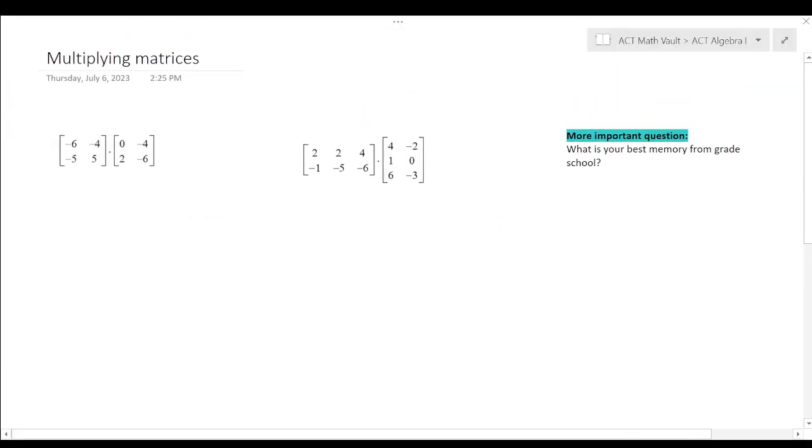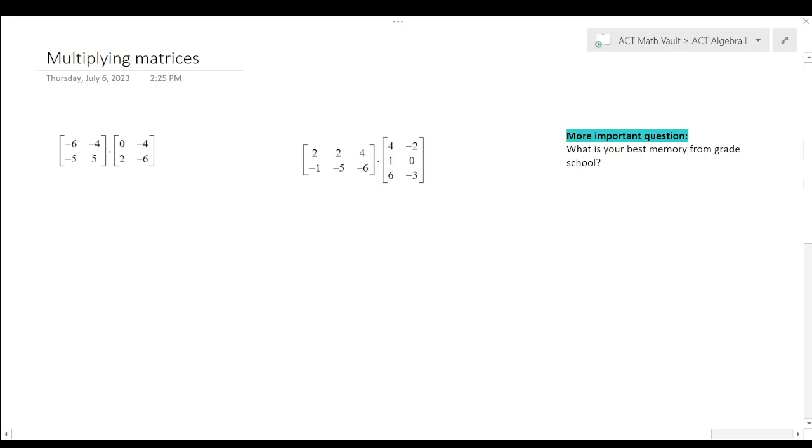And the standards say that you could either add, subtract, or multiply by a scalar, meaning a constant, either integer or whole number on the outside of the matrix, or you could multiply two matrices together.